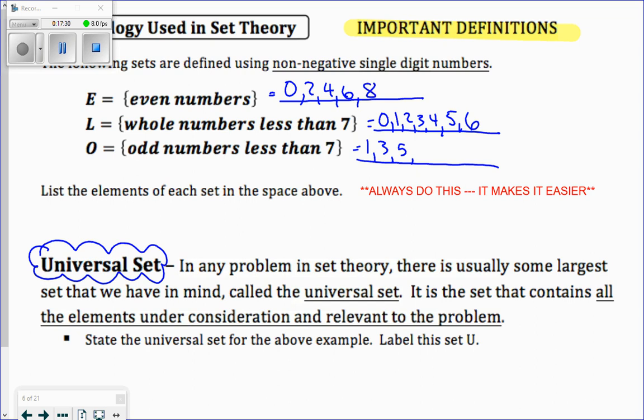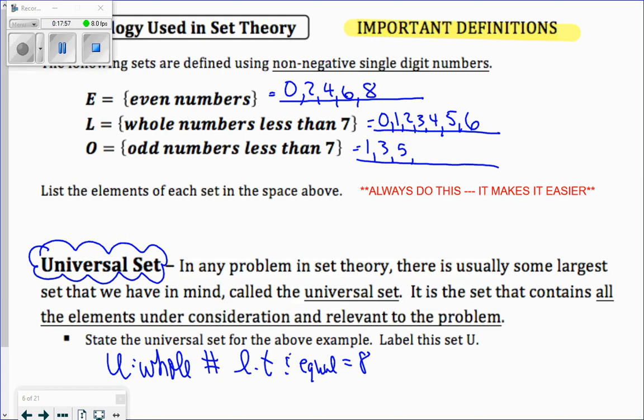So what could I say as a general description that would include everything? So I could make the universal set what? It's going to be whole numbers, because I have to include 0. Which is the biggest number I have written up there? 8. So I would say whole numbers less than or equal to 8.